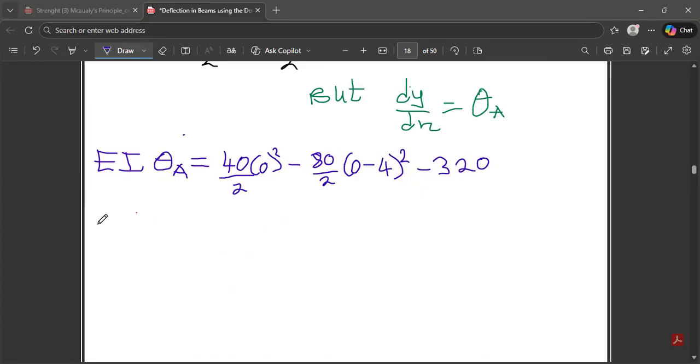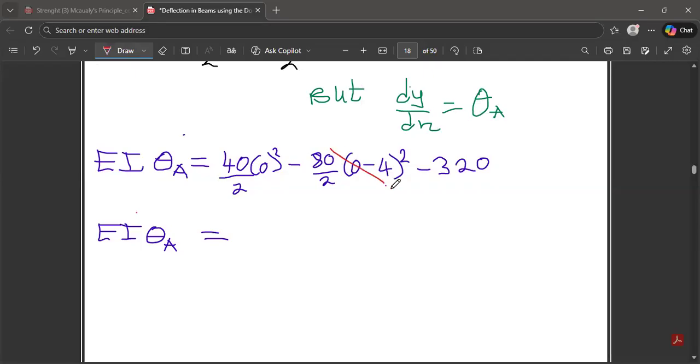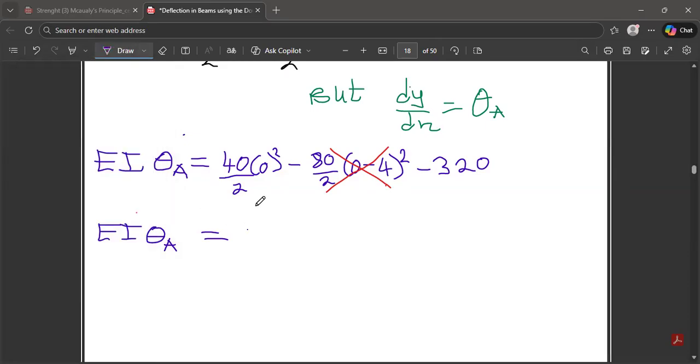So at the end of the day, this is going to still give me EI times theta A. You realize that someone can easily cancel someone out because we said we don't want negative answers. Now I believe we can proceed.